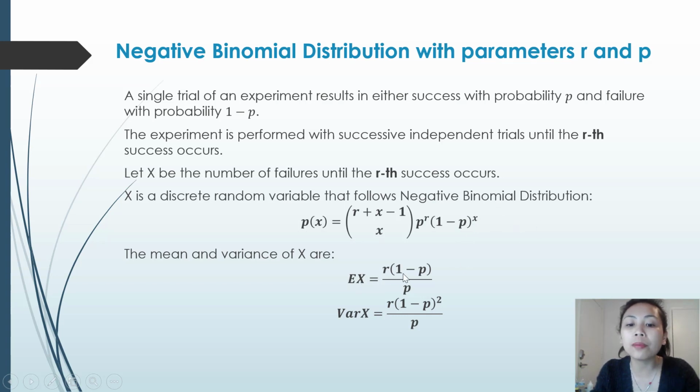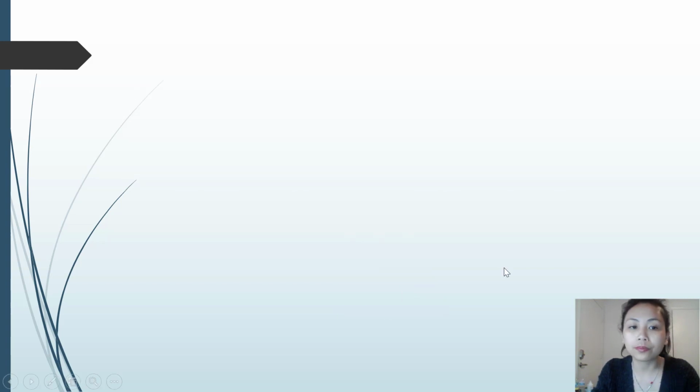And E of x is (1 minus p) over p, because r is 1, and variance of x is (1 minus p) over p squared. So if r is 1, negative binomial distribution becomes a geometric distribution. So geometric distribution is a special case of negative binomial distribution, that is, when r is 1.